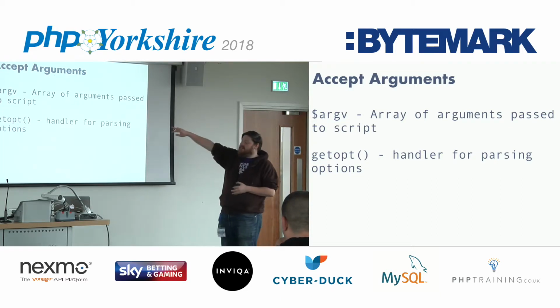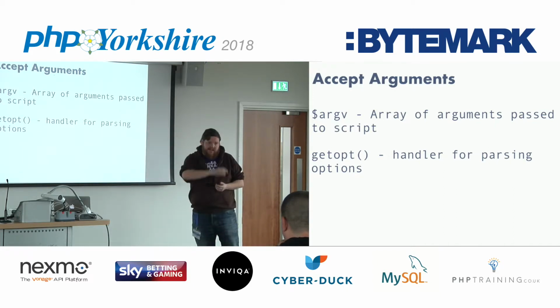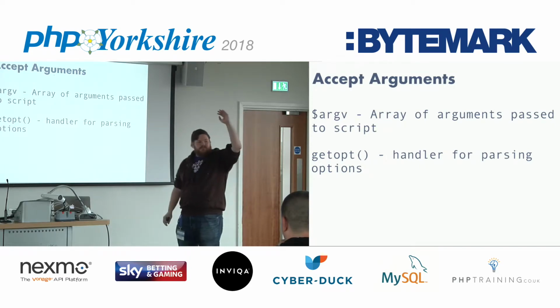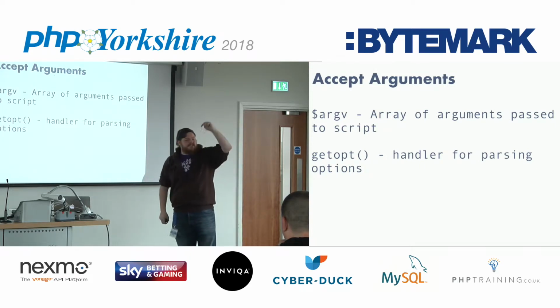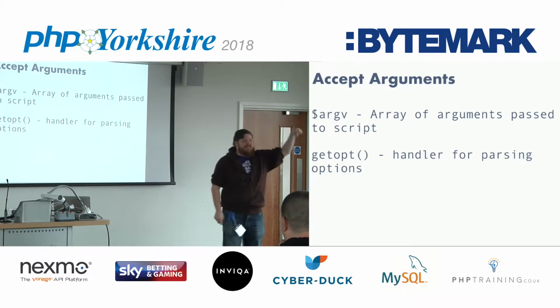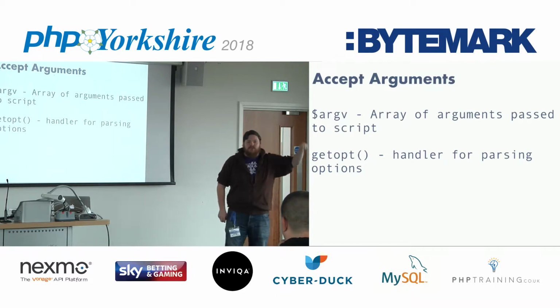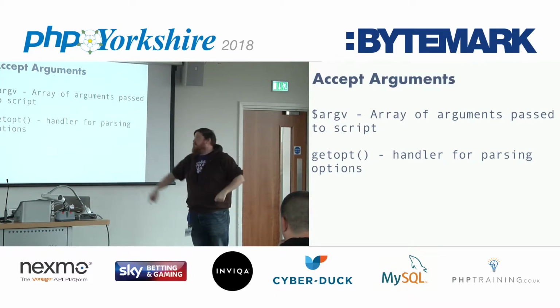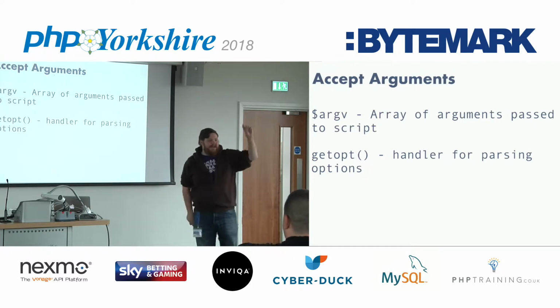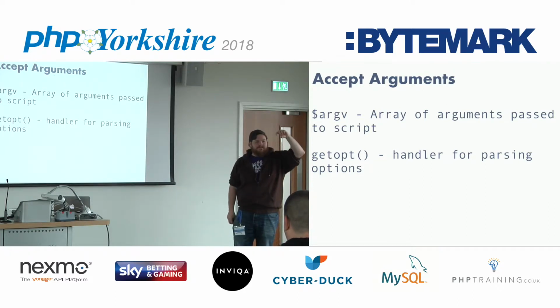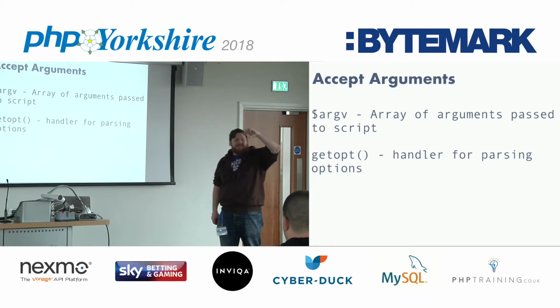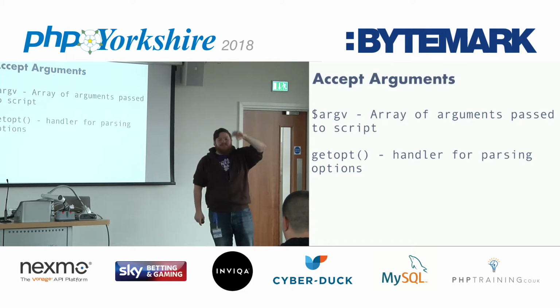We can do argv, and if you're running the CLI SAPI, then argv will give you an array with any arguments that were included. It also includes the very first thing, the name of the thing you just called. So if you called hello world.php, the very first thing in the array will be hello world.php. Assume it's going to be there if you're doing that, otherwise you will be confused as hell.